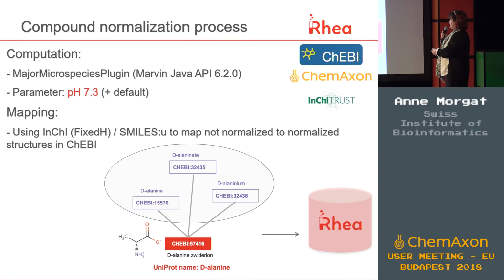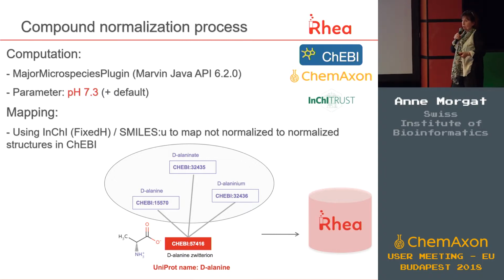This mapping is stored in the RHEA database, and in this way we enforce that only the normalized compound will be used to create the reaction. In the case of our D-alanine compound, this is the D-alanine zwitterion variant, which is the normalized compound.